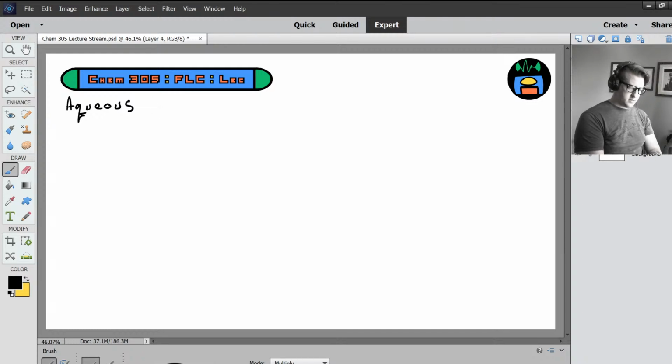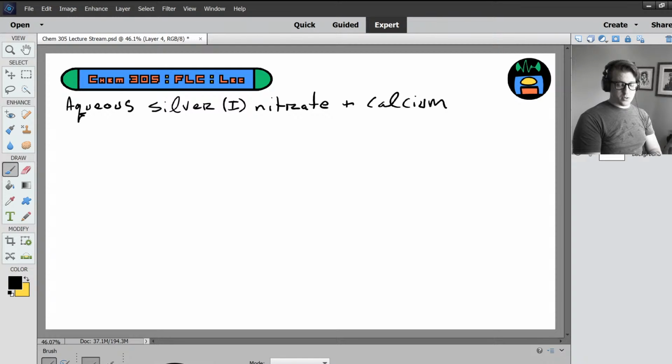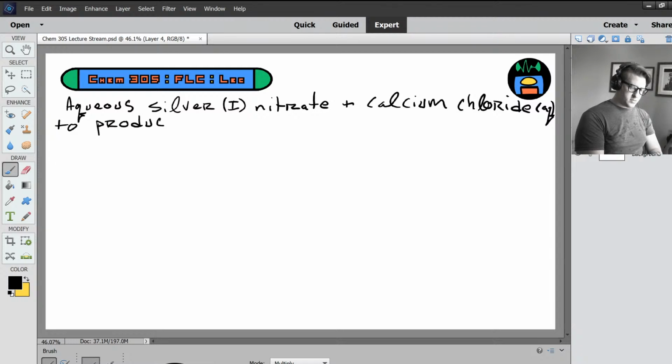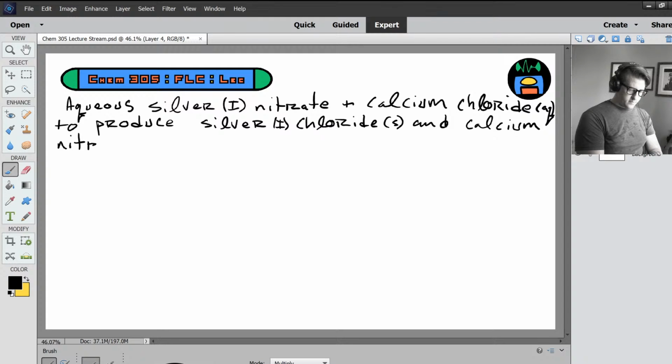Aqueous silver 1 nitrate reacts with aqueous calcium chloride, so this is also aqueous, to produce silver 1 chloride, which is a solid, and calcium nitrate, which is aqueous.